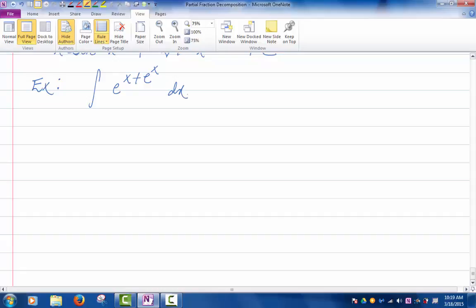So if you have something like, say, x to the 2 plus 3, isn't that the same as x to the 2 times x to the 3? So here, this would be e to the x times e to the exponent, which is e to the x, right? Am I making sense? E to the x times e to the x.